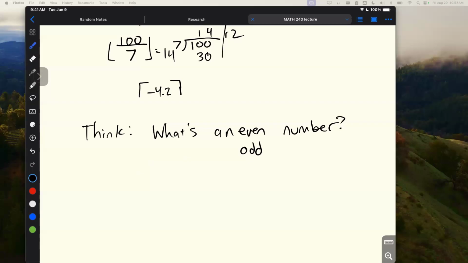Okay, turn to your neighbor and share. What's an even number? What's an odd number?